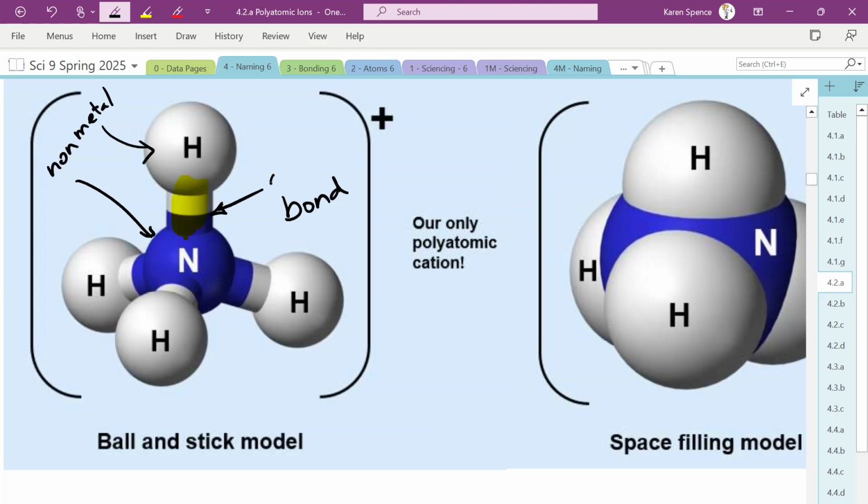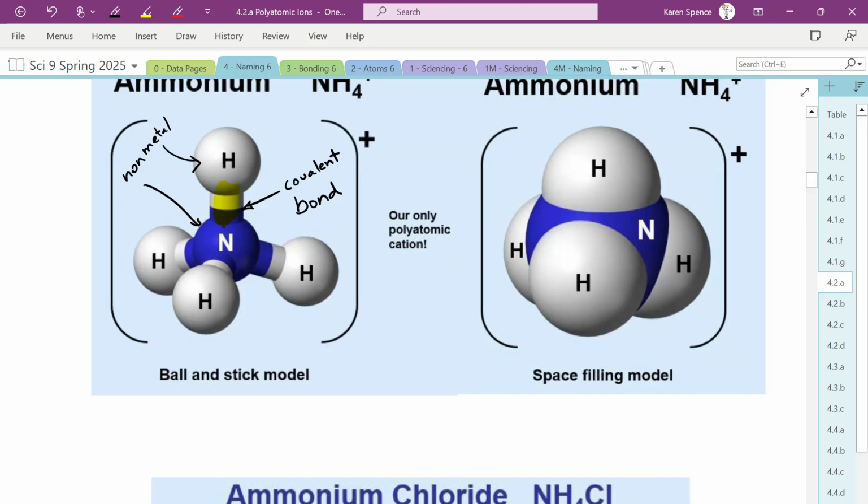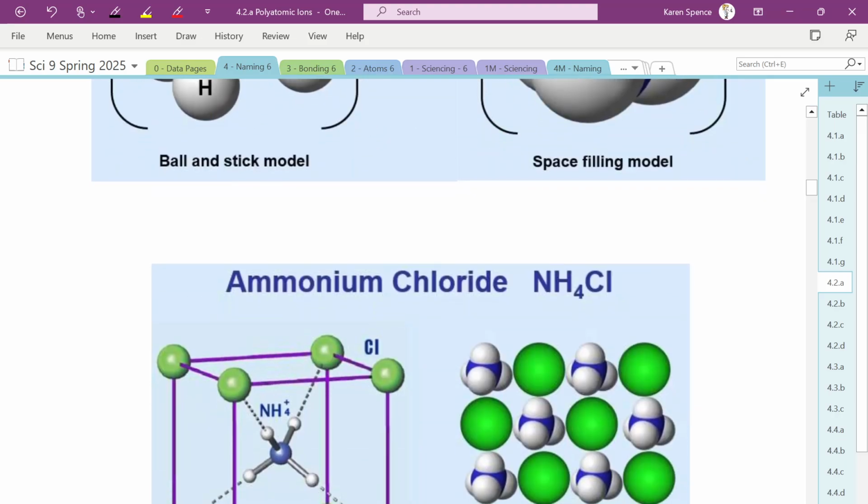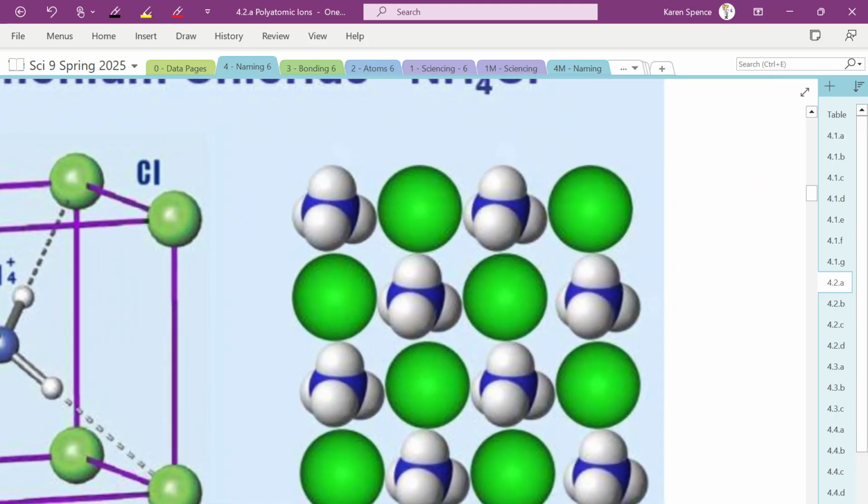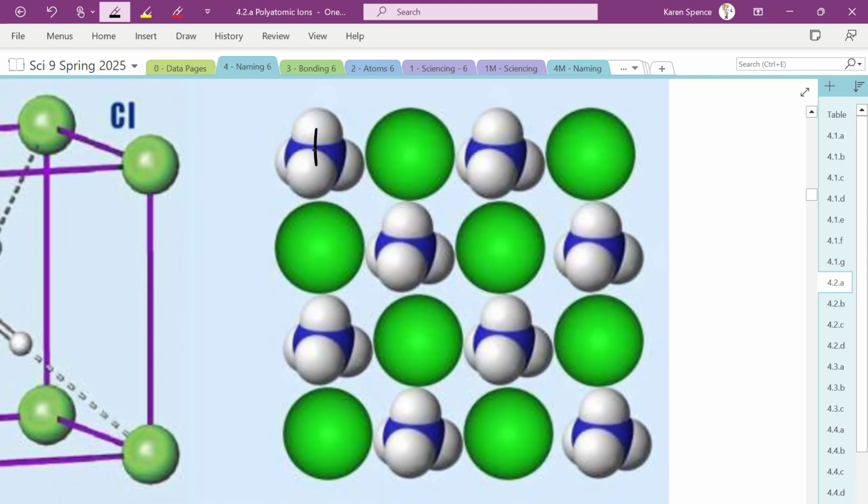Nonmetal, nonmetal, therefore that is a covalent bond. So that's a ball and stick model. That is a space filling model. And here I'm going to show you a crystal lattice of ammonium chloride. So we have ammonium, which is positive, and chloride, which is negative, and so on, and so on.